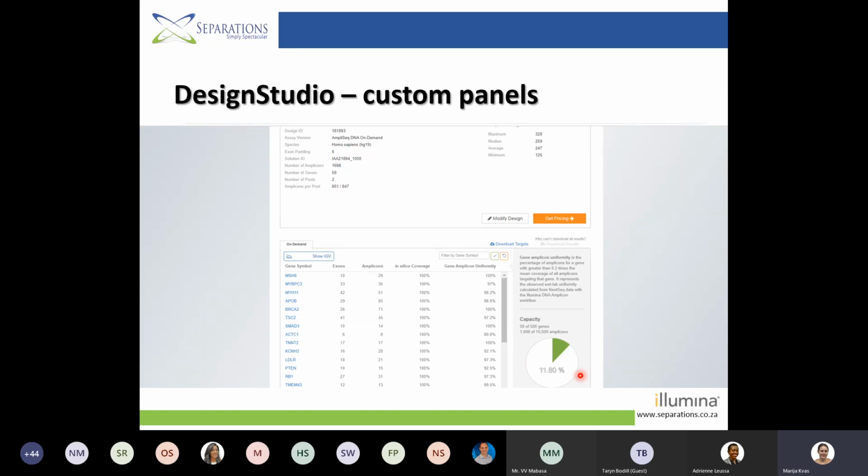And here on this pie chart, you will be able to see if you reach the capacity for the panel, which means specifically for this example, out of 500 genes that we can do with the panel, we only did 59. So there's so much more that we can actually get from that panel for the same price.